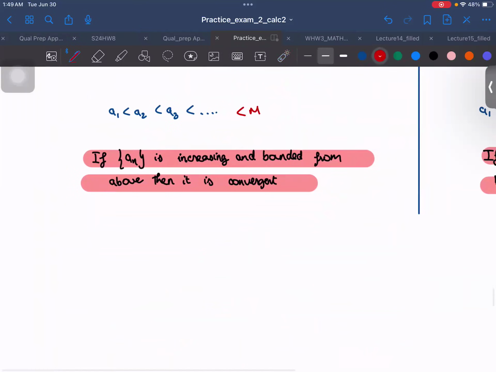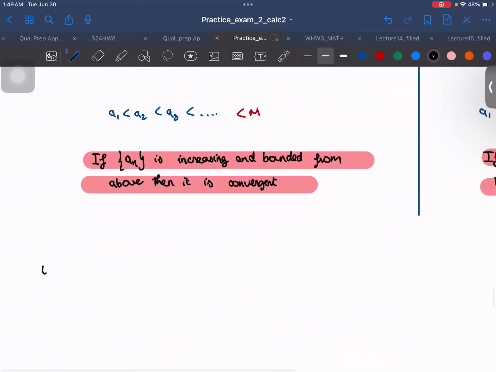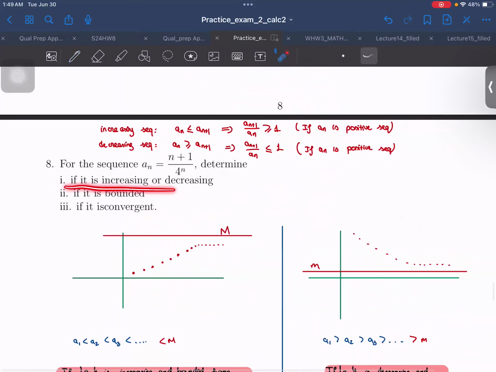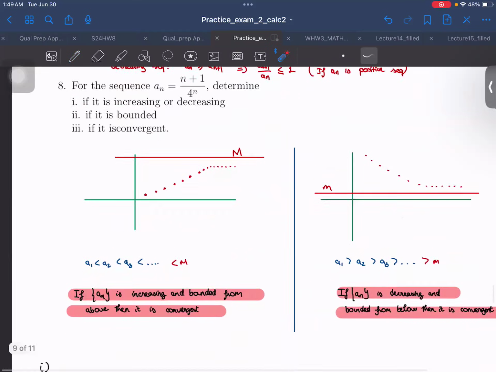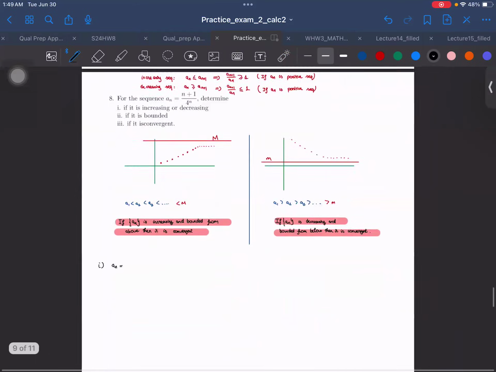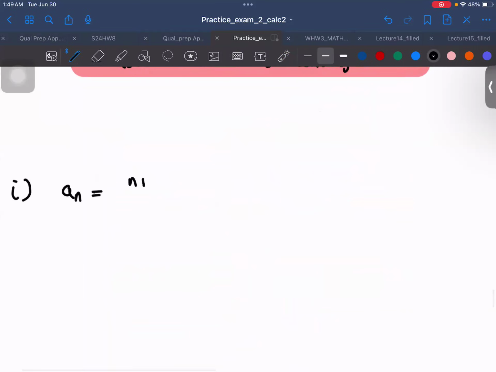The first question wants you to explore if this sequence is increasing or decreasing. So we have that a_n is (n plus 1) divided by 4 to the n.